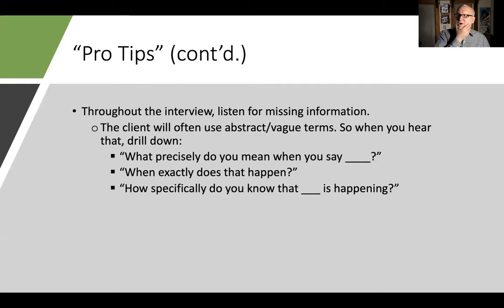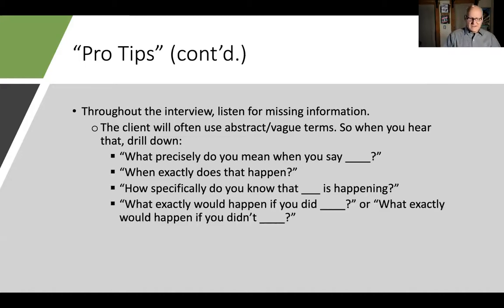A moment ago, Mr. Client, you mentioned that there seemed to be some confusion at the end of every month. How exactly do you know that that's happening? What exactly are the indicators of confusion? Because when I think about that, I think how confusion maybe could be something else. I don't know. How exactly did you decide it was confusion? So this is the kind of question we're talking about.